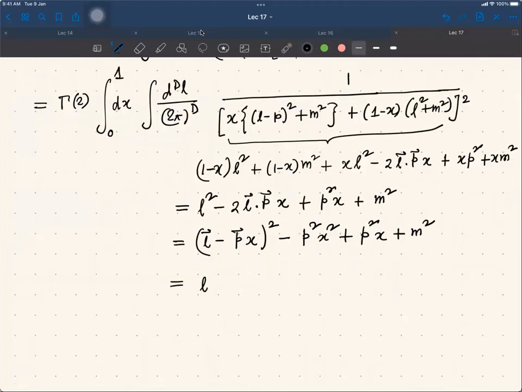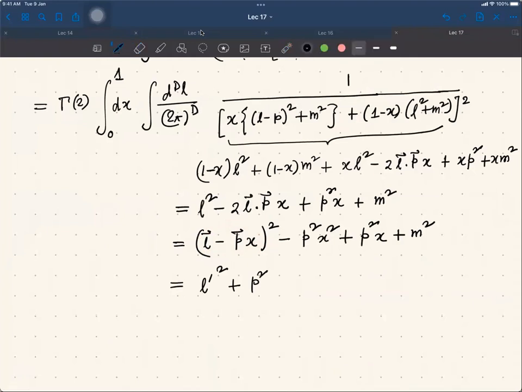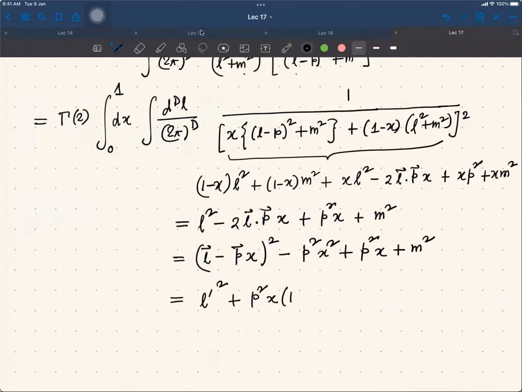This is L prime square, where L prime vector is L minus px, plus p square into x times 1 minus x plus m square.